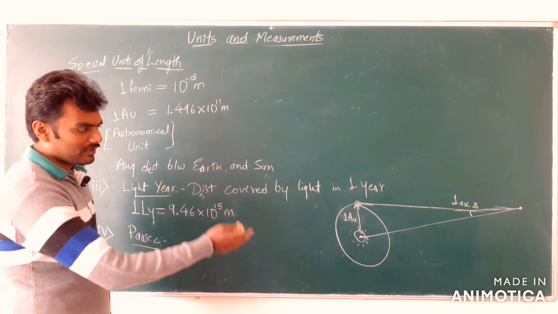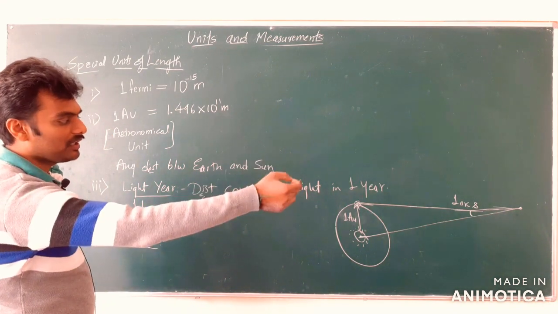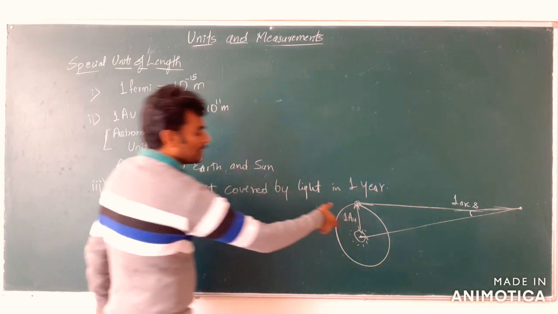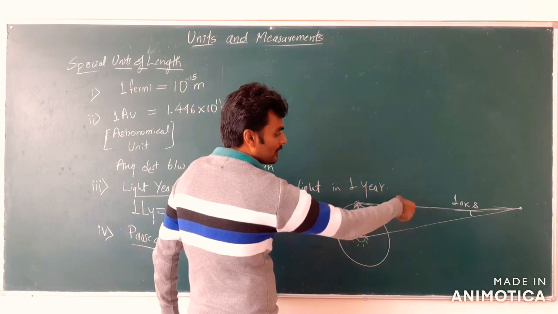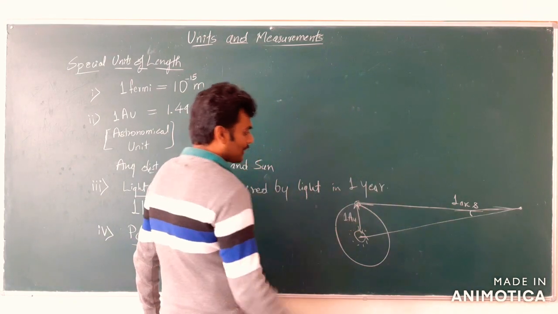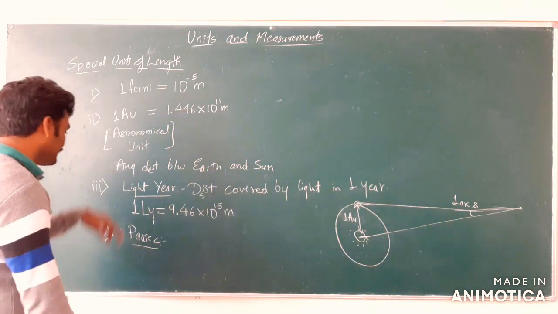So it's the average distance from a point at which the Earth and Sun make an angle of 1 arc second. That's how we can consider it.